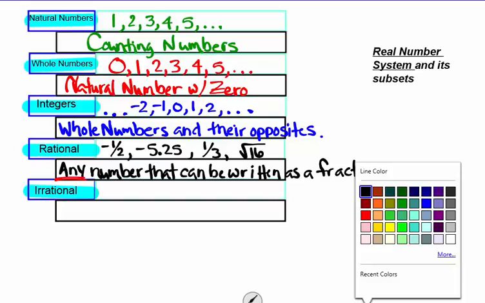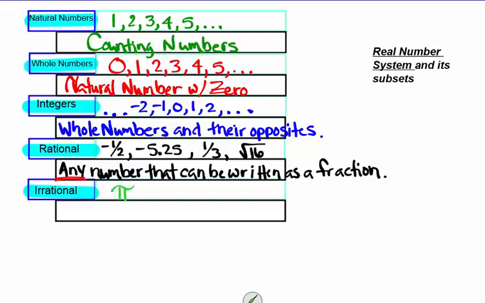The last set in the real number system is the irrational numbers. Those are numbers that cannot be written as fractions. They are numbers like pi, or maybe the square root of a non-perfect square, like the square root of 50. Irrational numbers are also decimals that never repeat or terminate, like the decimal 0.010110111, and so on.